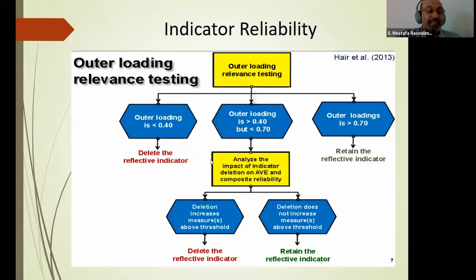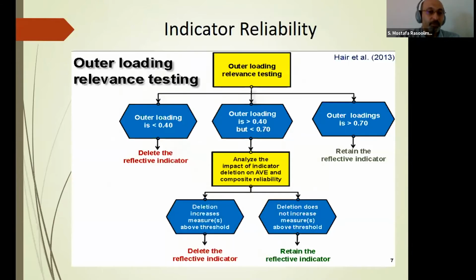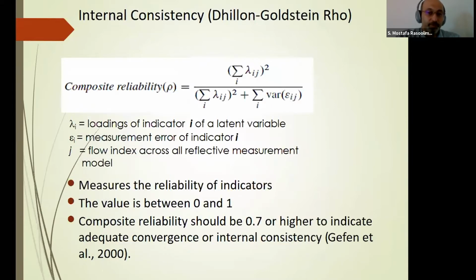And these 3 criteria, composite reliability, Cronbach's alpha, and rho A, always are between 0 and 1. They are not negative and cannot be higher than 1. But to be acceptable should be higher than 0.7.